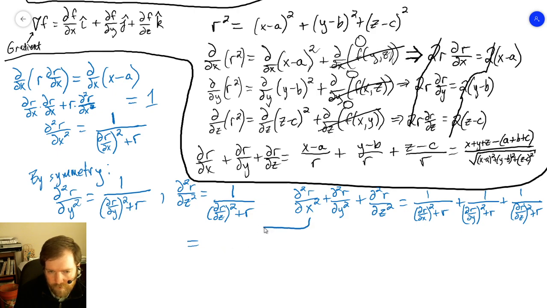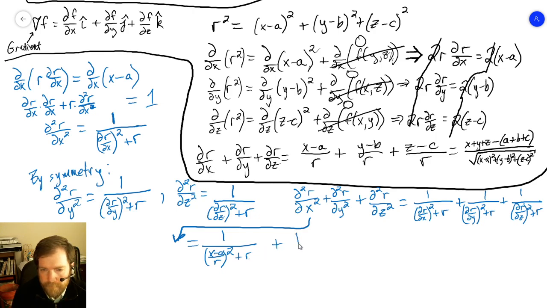So all of this stuff is going to be equal to 1 over, dr dx is x minus a over r, parentheses squared, plus r, plus 1 over, you know what, let's just say by symmetry it's going to be this stuff again.